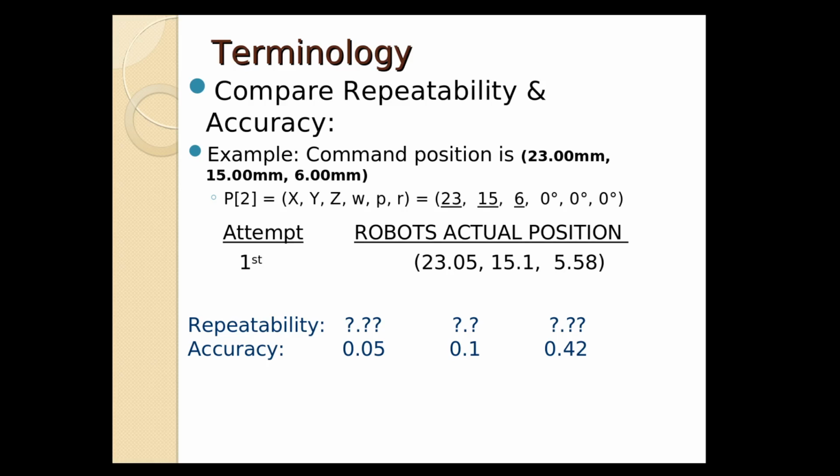It was supposed to be at 23, 15, and 6 exactly. And so we see that it was off 0.05 millimeters in the X, 0.1 in the Y, and 0.42 in the Z. So we're going to look at the largest one here. And so we're about 0.42, less than half a millimeter off of where we really wanted it to be.